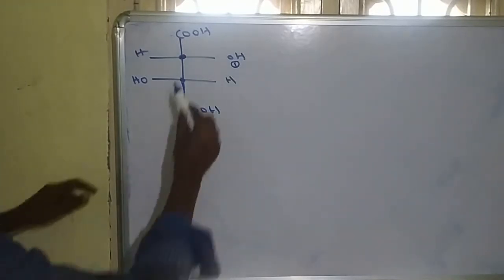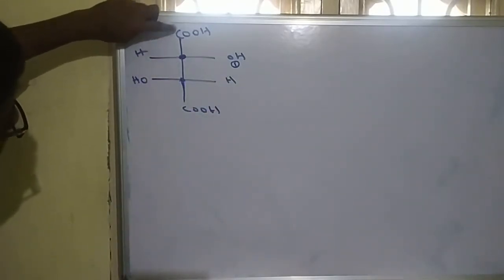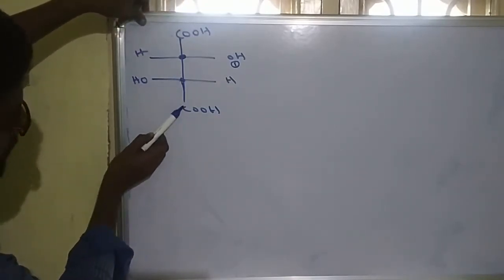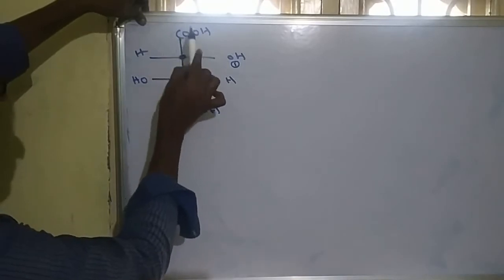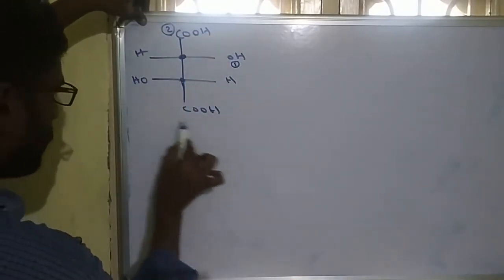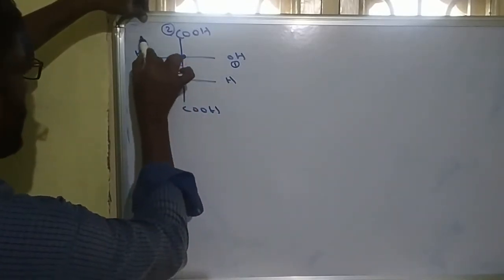Second: this is also carbon, this is also carbon, but one has two oxygens while the other has only one oxygen and one side carbon. So oxygen is the higher atomic number, and this should be second priority. Now this other group will be third priority, and fourth is hydrogen.